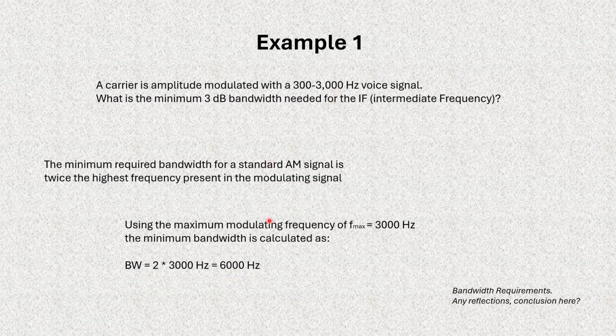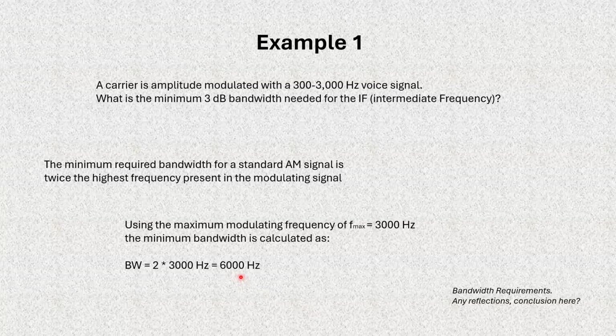And I said something here. Oh yeah, by the way, as far as bandwidth requirements and the reflections or conclusions here, I'll tell you why. The bandwidth required to transmit that signal is 6000 hertz, for example for the AM.